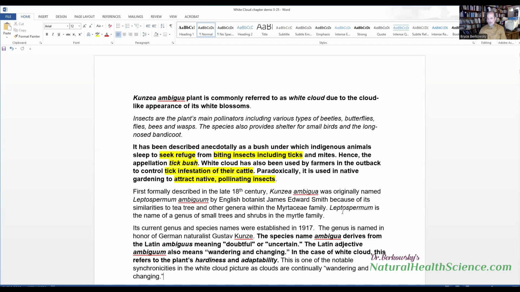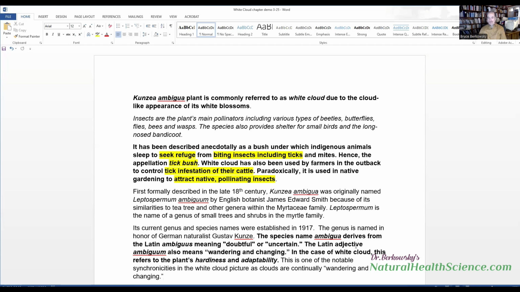Leptospermum is the name of a genus of small trees and shrubs in the myrtle family. So it was referred to as Leptospermum because it's within the myrtle family. So ultimately, this is a type of myrtle. And so you may be thinking, well, can I combine it with other members of the myrtle family? Of course, they're related to each other. So you can think in those terms as well from a strictly botanical way of going about this.